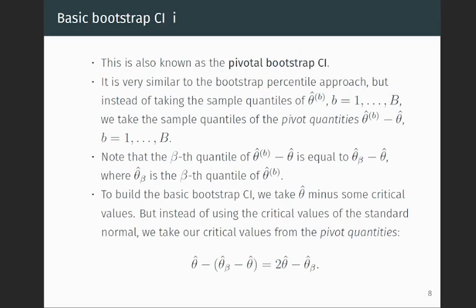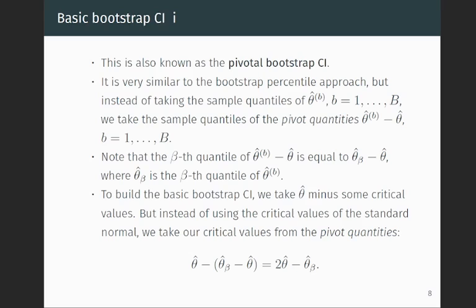It's called the basic Bootstrap, and it's also known as the pivotal Bootstrap confidence interval. It's very similar to the Bootstrap percentile approach, but instead of taking the sample quantiles of theta hat b, we're instead taking the sample quantiles of the pivot quantities theta hat b minus theta hat.